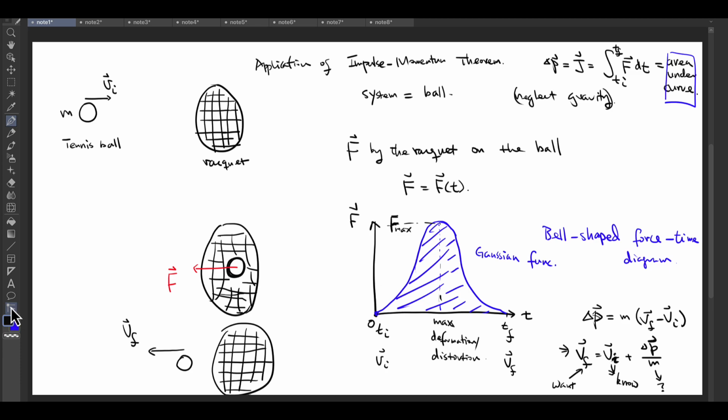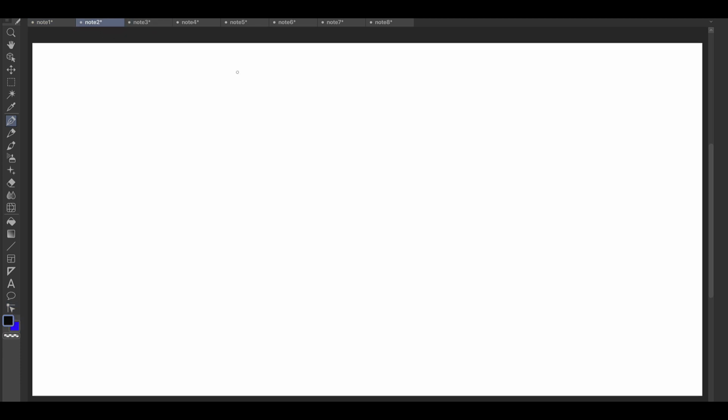Okay, so that's just one general discussion of how we can apply this impulse momentum theorem to a process that looks like this. Now, another process I want to address here is called a collision process. In such a process, let's say these two objects collide: object A collides with object B, and that is called the collision process.